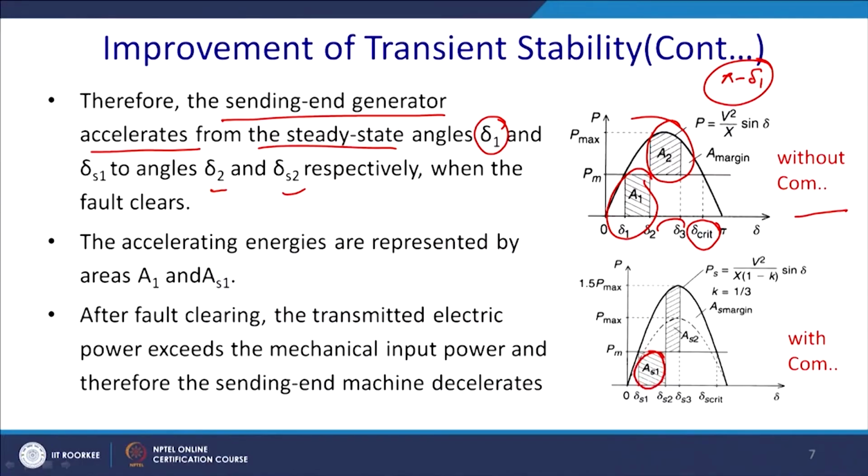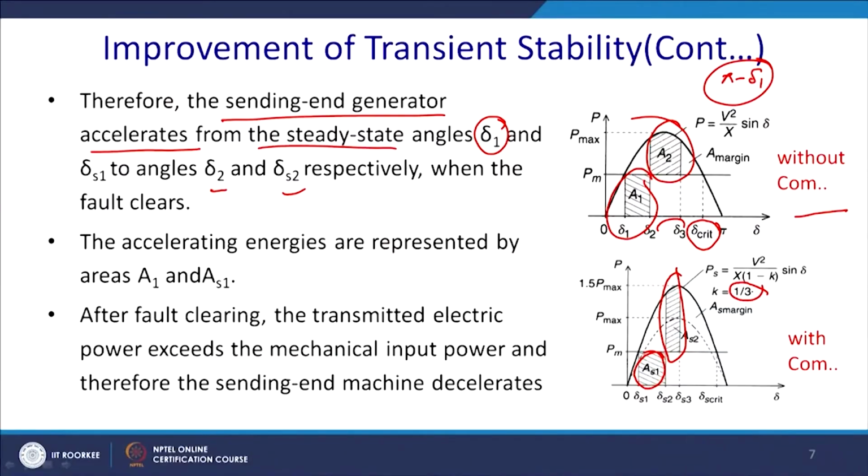But what happened in case of the series compensation? Ultimately, this was your accelerating area, and since the power can be increased depending on the impedance value, you can change the impedance value.